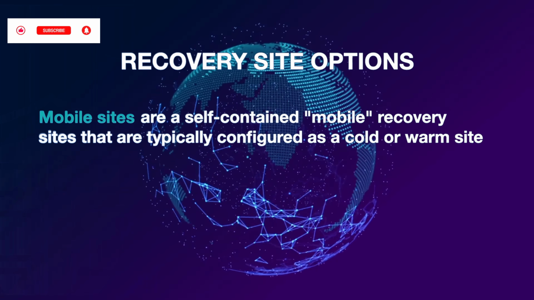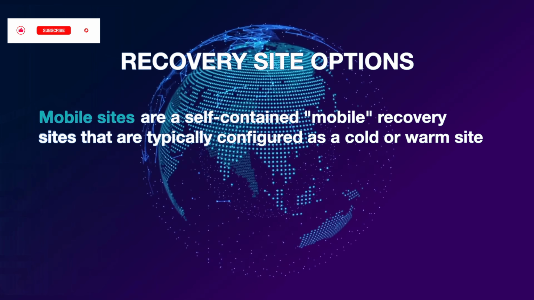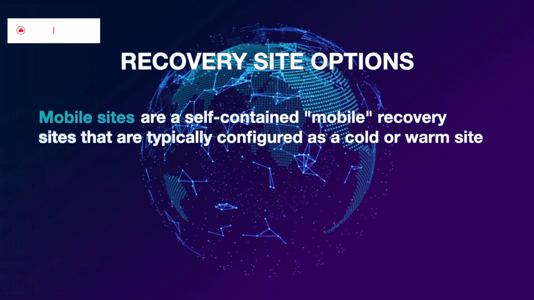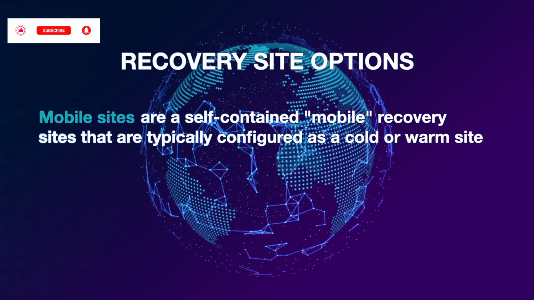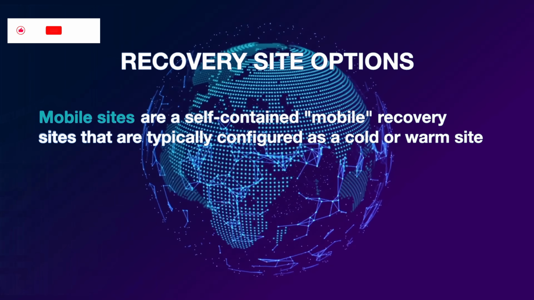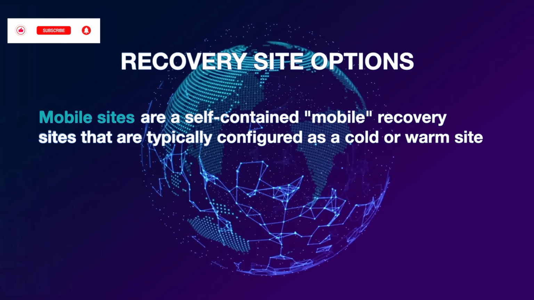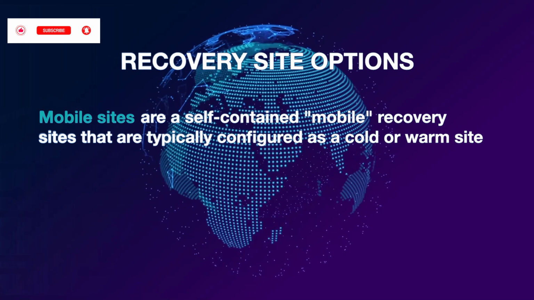This could be in something like a small container, maybe a shipping container or a Conex. It can also be in a tractor trailer container, like an 18-wheeler kind of thing. There is a variety of ways you can do mobile sites, and these are pretty popular because they are considered rolling sites.